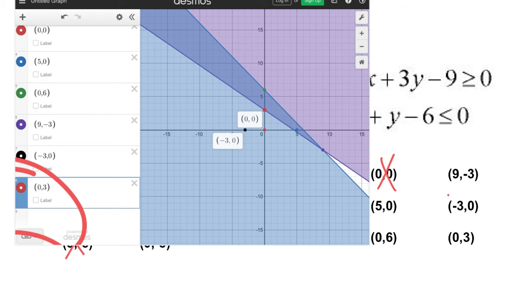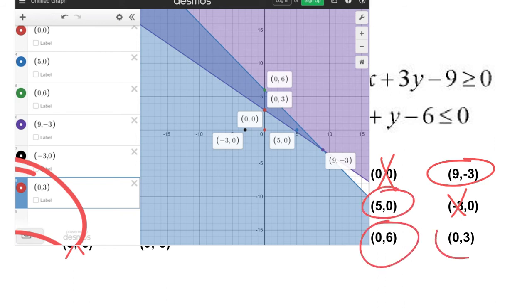Now these other points, I've got this one that's definitely inside at (5, 0). I have these other three that are all on the line. But because the lines are solid, all three of those will count too. So all four of the remaining points are part of the solution, because they can be on the solid line boundary or they can be in the shaded area. And all of that will count.